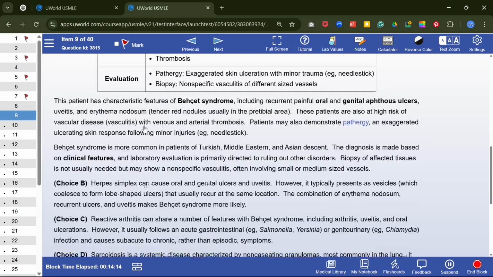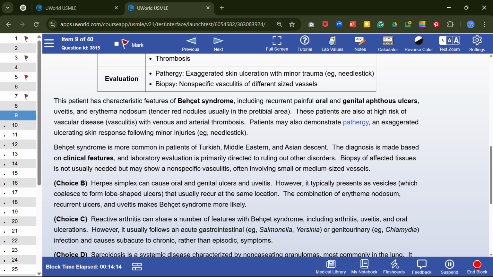This is Behcet's disease. This patient has characteristic features of Behcet syndrome, including recurrent painful oral and genital aphthous ulcers, uveitis, and erythema nodosum, tender red nodules usually in the pretibial area.